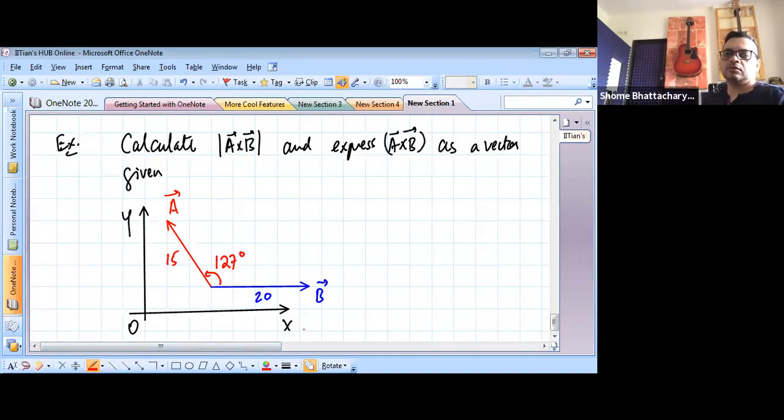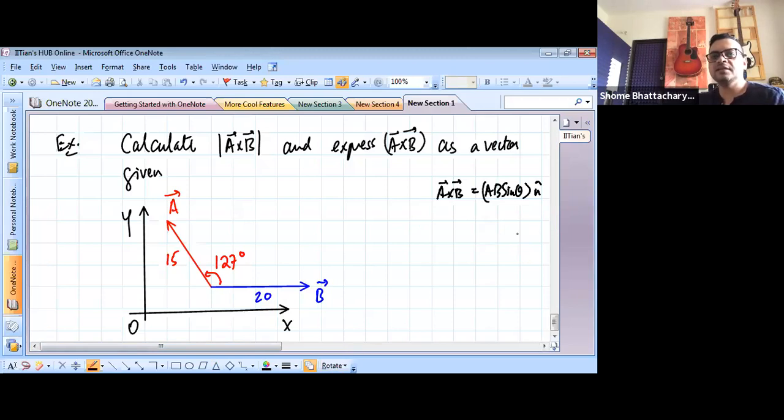So now we just use the formula of A cross B, which I'll just give as a reminder to all of you. A cross B is AB sine theta n cap. Now just use both the things. The formula for magnitude of A cross B, which is AB sine theta, for that everything is given to you here.